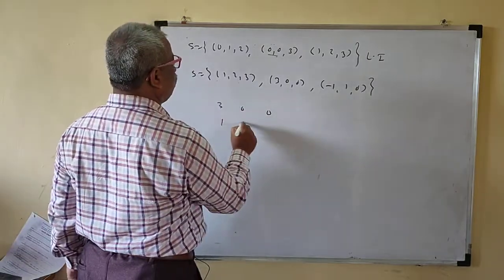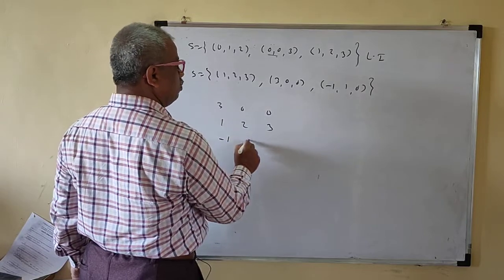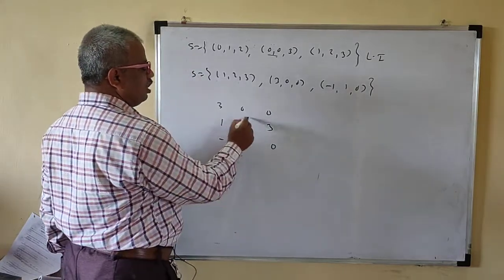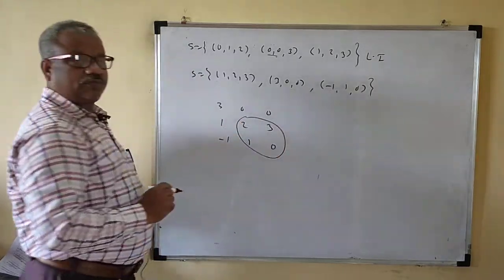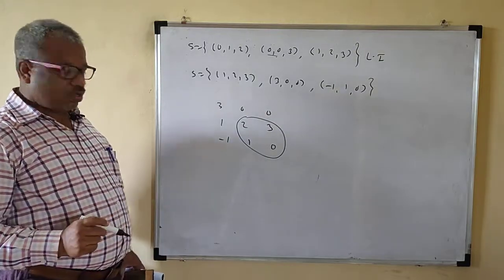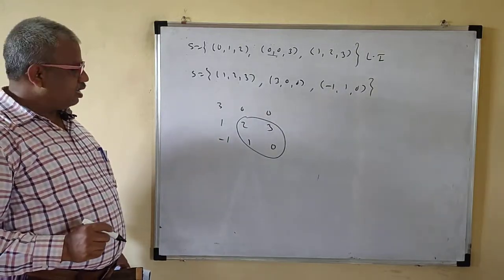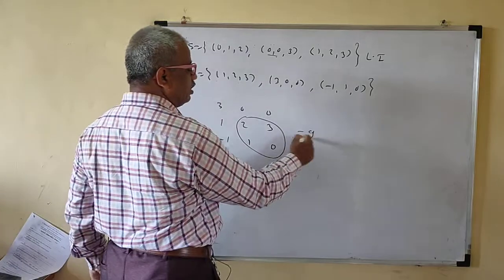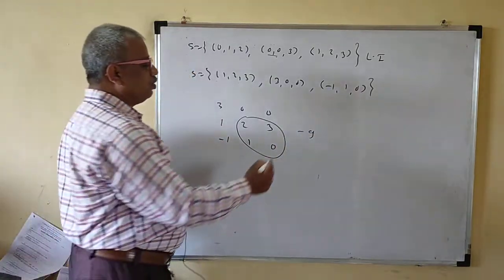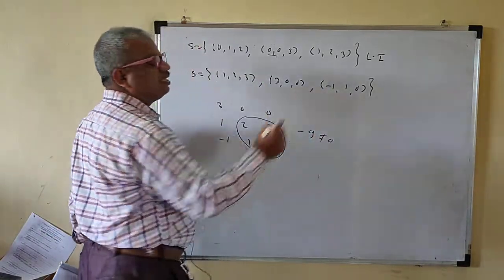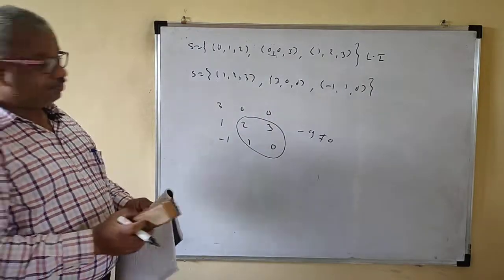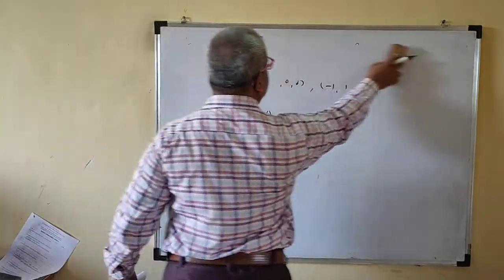Then you can write 1, 2, 3, minus 1, 1, 0. Easily you can take the determinant of this block. So this block is minus 3, minus 3 into 3 again, this is minus 9. That means it is not 0, so therefore S is linearly independent.